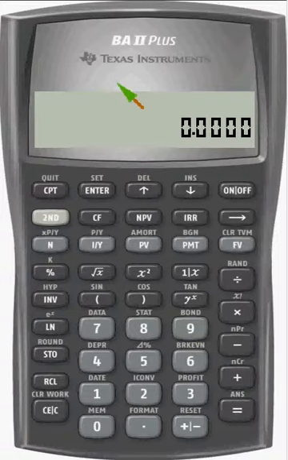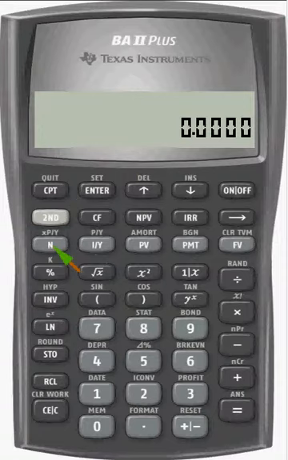Here I want to point out that a financial calculator is different from your math calculator. It has several buttons that are dedicated to financial calculations. Next I will show you these financial buttons one by one. These 5 buttons are called the time value of money buttons.